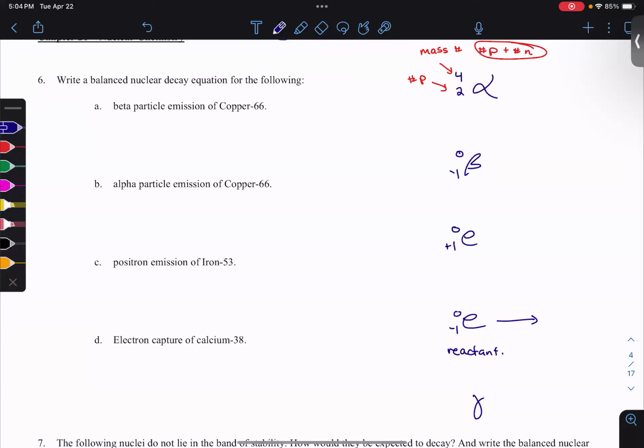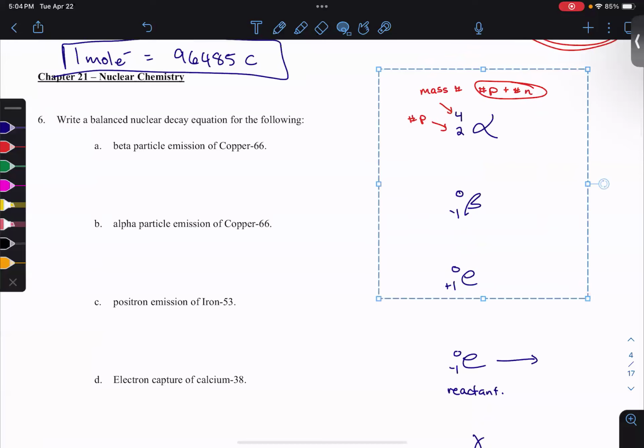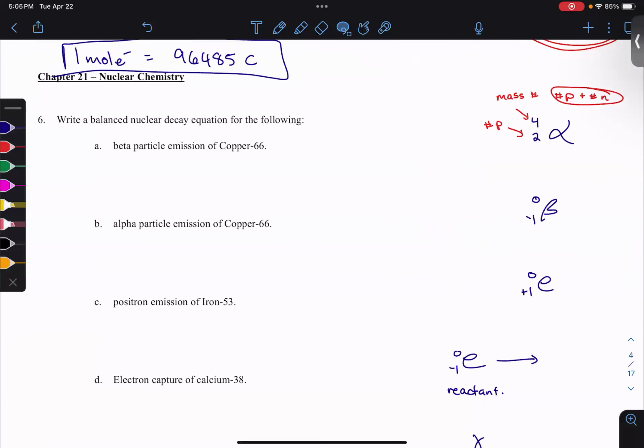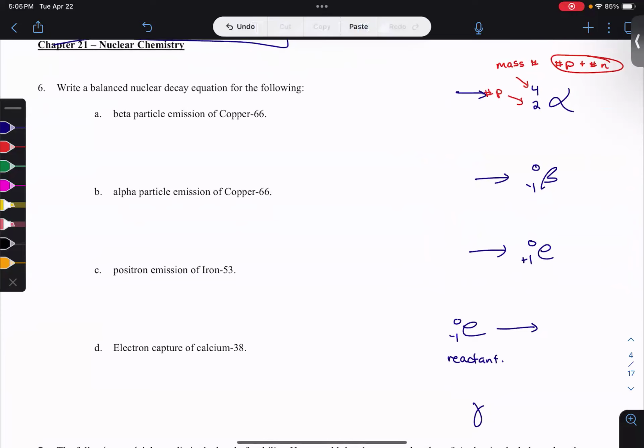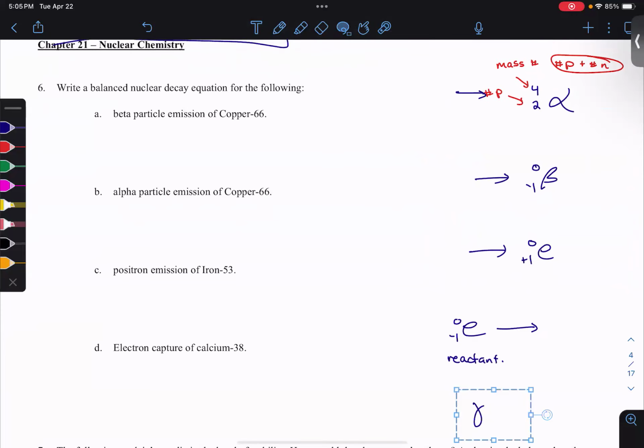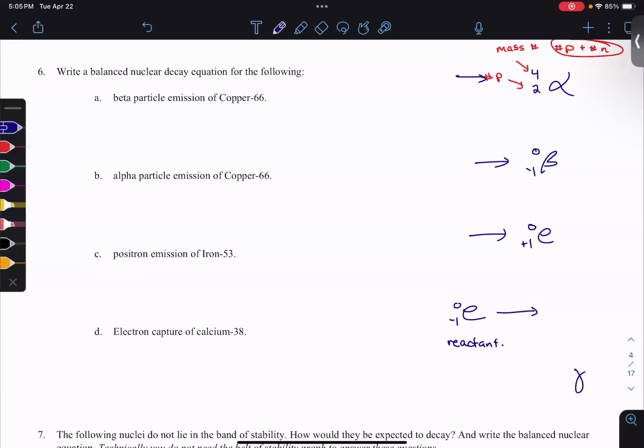While all of these other things, beta, alpha, positron emission, notice it's the word emission, so all of these things are products. And then the final thing here, gamma, a gamma ray, it has no mass and no charge. It's just literally pure energy. And this will always be a product also. So gamma radiation doesn't actually change the identity of anything. It's just pure energy, right?